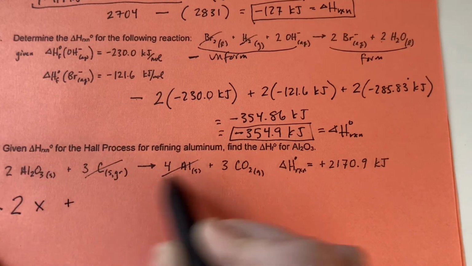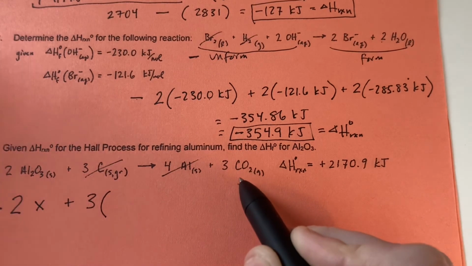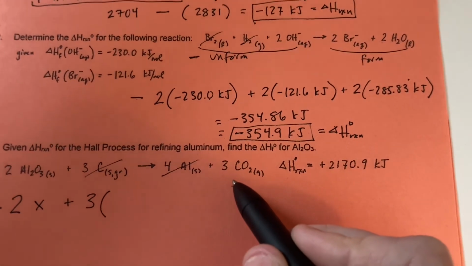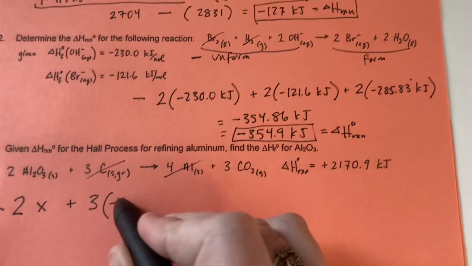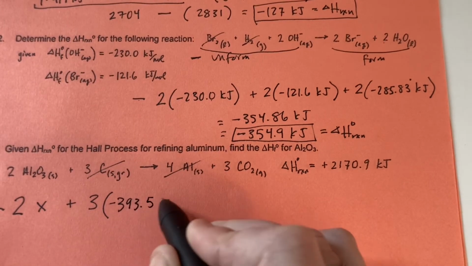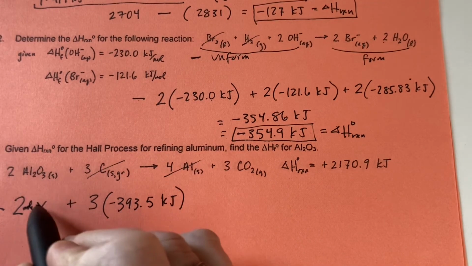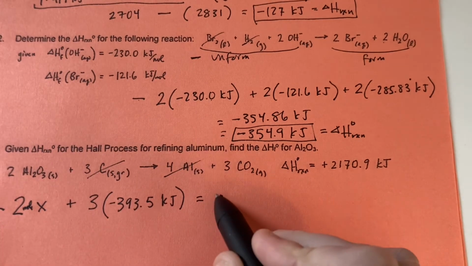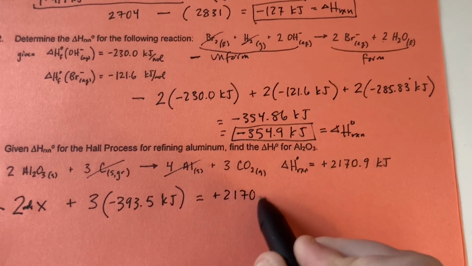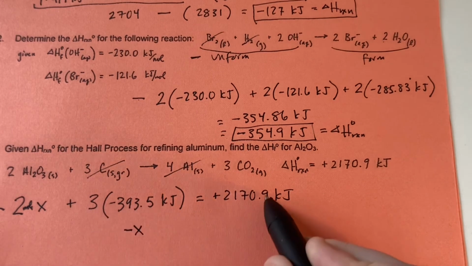And then I'm going to add to that 3 times the heat of formation of CO2 gas. What is that? It's a negative number. Negative 393.5 kilojoules. So I got 2 moles of this X times 3 times this is equal to the overall 2170.9 kilojoules. Okay. So if we combine that, it looks like we're going to have to bring that to the other side.